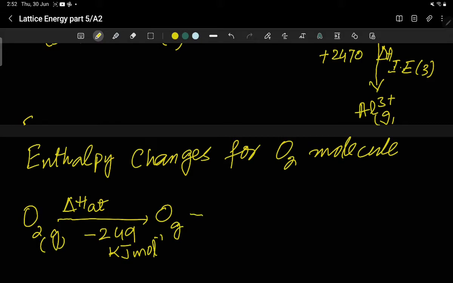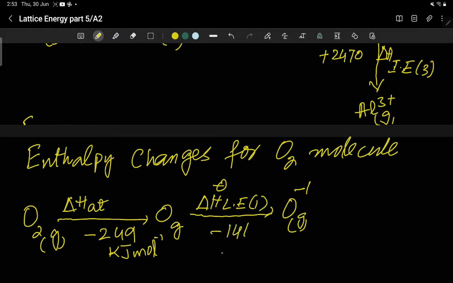Now oxygen gaseous atom changes into oxide ion minus 1 ion, and it involves delta H lattice energy 1. It is equal to, according to data booklet, 141 kilojoule mole inverse 1.